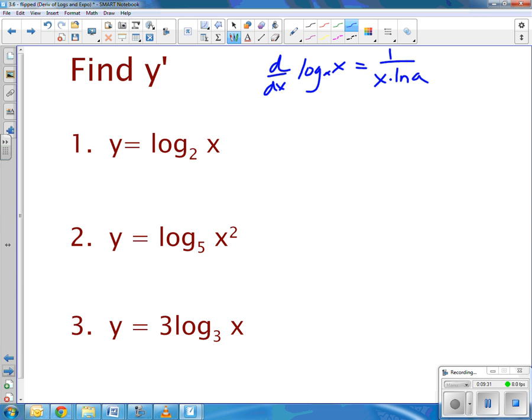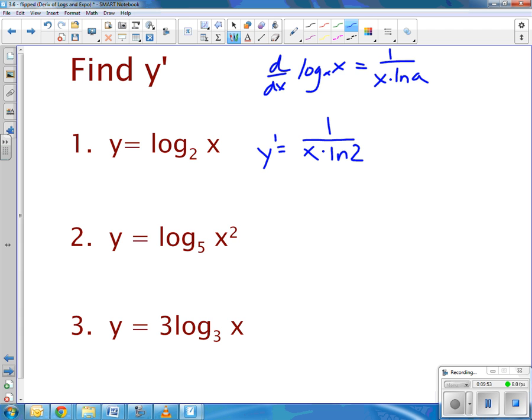Here I have a base of 2. So when I go to find y prime, I'm going to get 1 over x, since x is what's inside the log function, times the natural log of the base, which in this case is 2. So I have 1 over x times the natural log of 2 for my derivative.